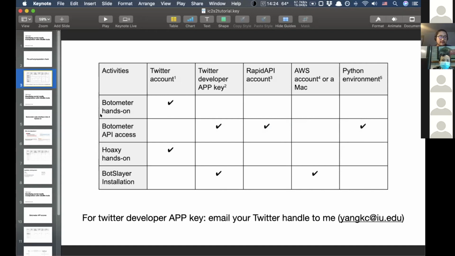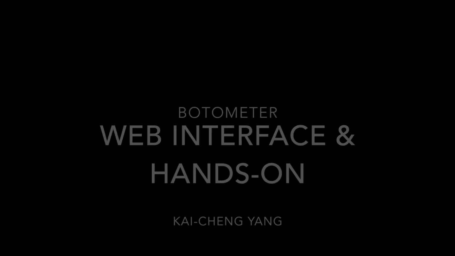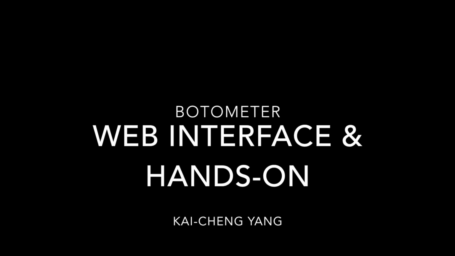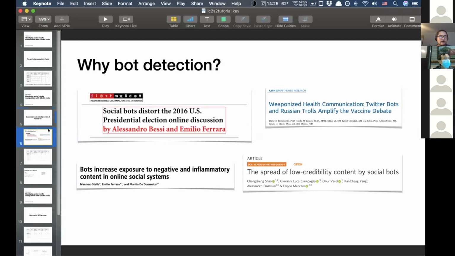So here we're going to officially start our tutorial of our tools. The first one is going to be a Botometer web interface introduction and hands-on. Before I start, let me give a little background introduction.